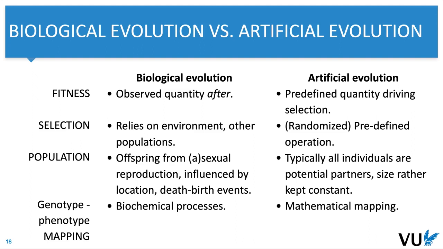Very often this is randomized, but it is predefined, so we know exactly how to proceed. This is very algorithmic. In the biological world, we have a population that is offspring from sexual or asexual reproduction, but it's influenced highly by location, death, birth events, and so on.